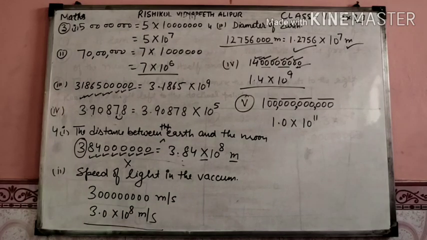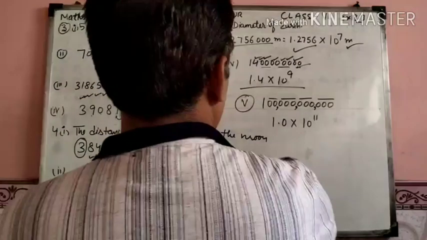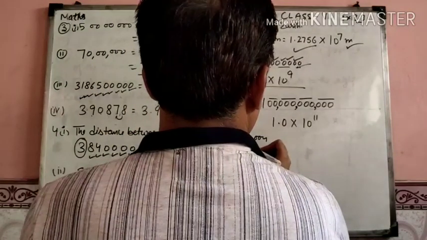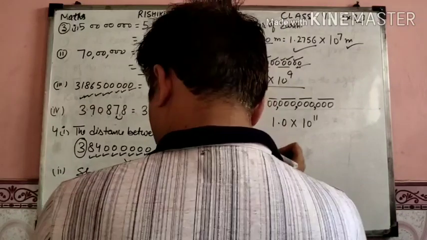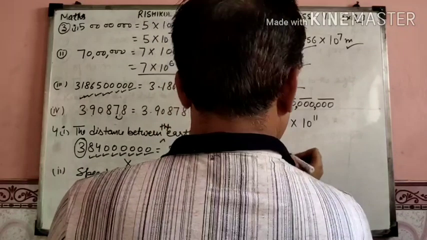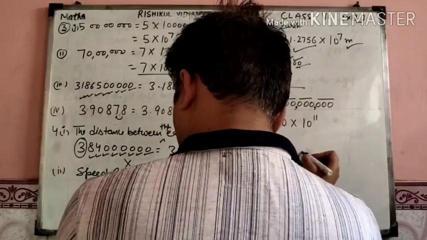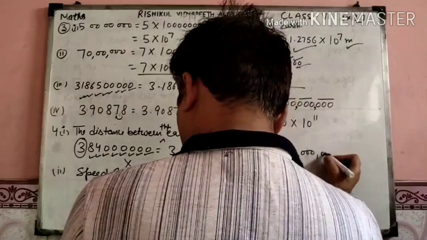The next one is that the universe is estimated to be old about how many years? 12,000,000,000.